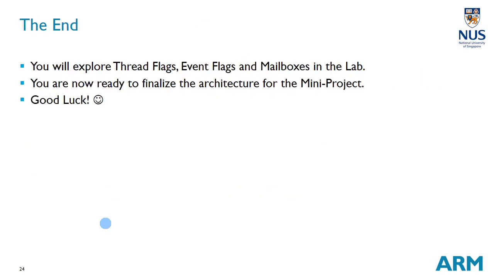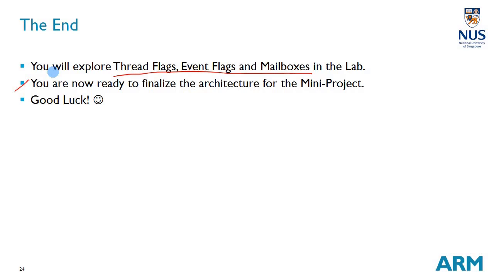That brings us to the end of this lecture's slides. Like I mentioned, thread flags, event flags, and mailboxes or message queues are very good ways of synchronizing tasks as well as sharing data. With this, and with lab 9, you are ready to finalize the architecture for the mini project.